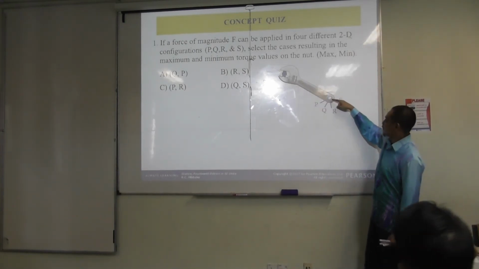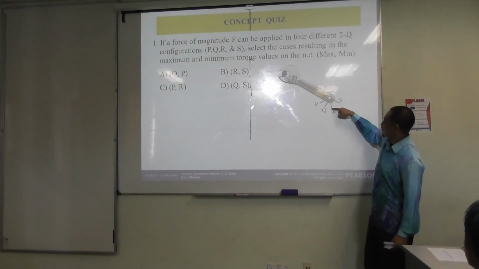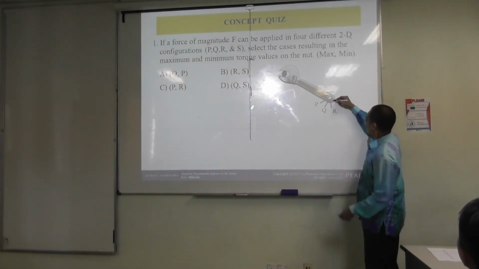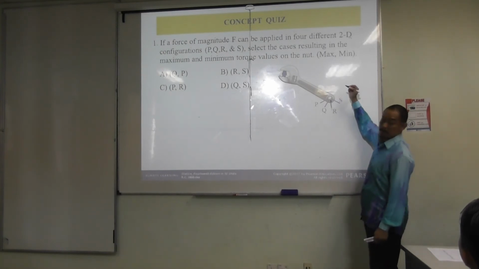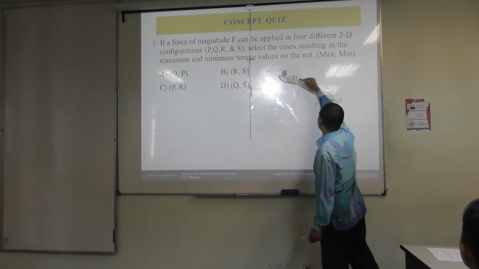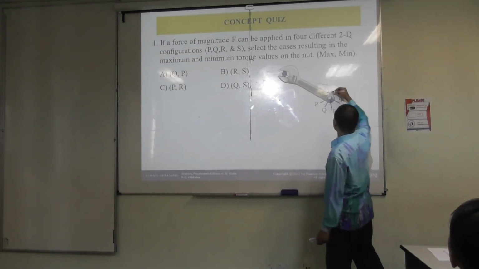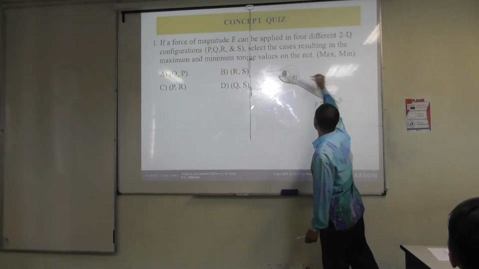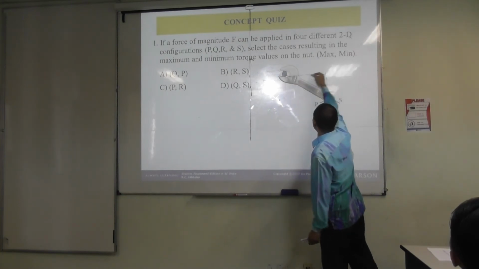If you can imagine, like this one, what is the distance? Okay, for this one, where is the distance? Can you imagine? So you have to extend. It's basically perpendicular, right? Let's say this is perpendicular, right?